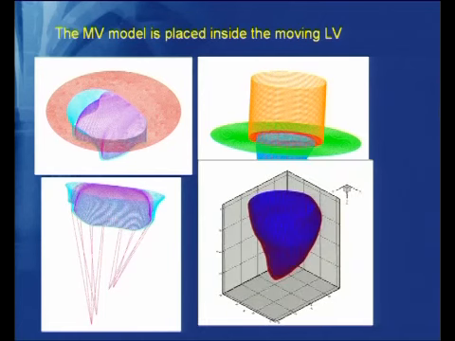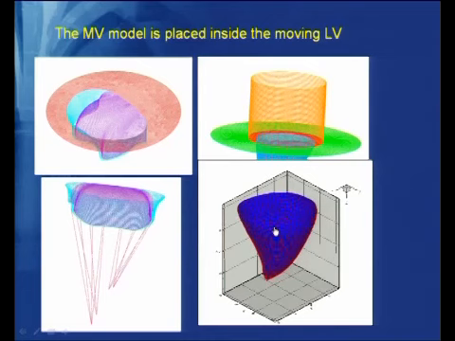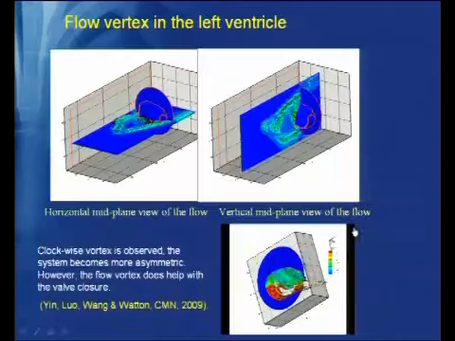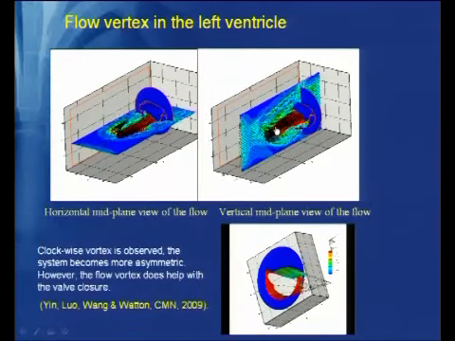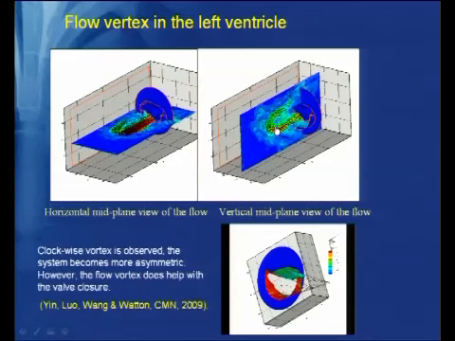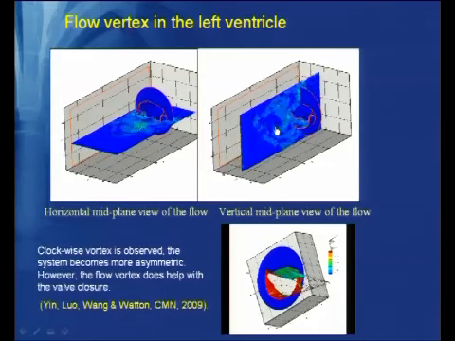The chords are connected to the left ventricle, the papillary muscle group region, and you put the valve inside the left ventricle and let it move, because all this is obtained from MRI, and the volume change is then used to generate the flow rate, which is imposed at the inlet.